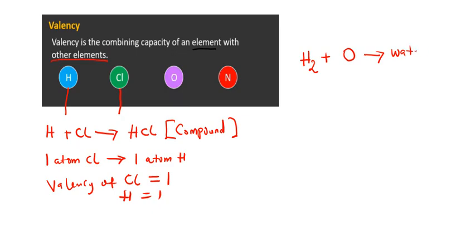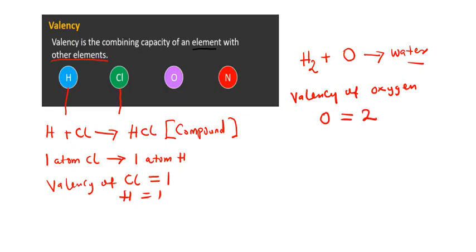Water here is a compound. So we have 2 hydrogen atoms and 1 oxygen atom combining to give us water. And here, the valency of oxygen, O, is equal to 2.